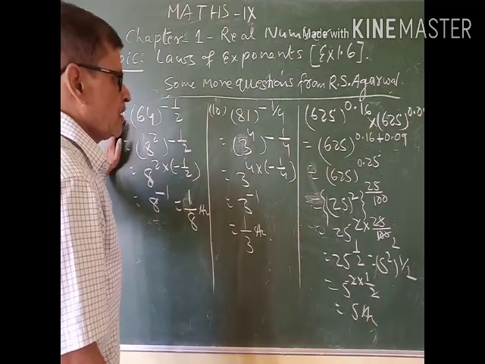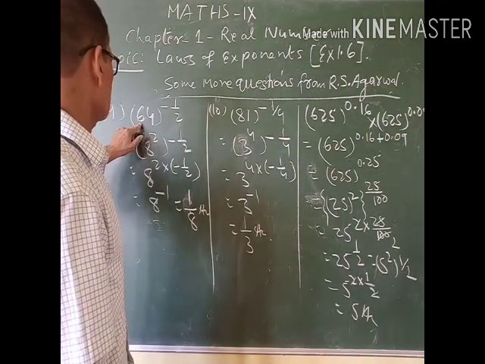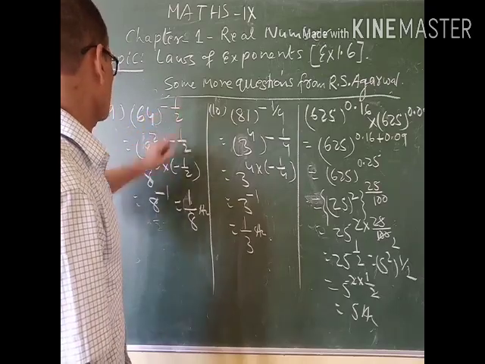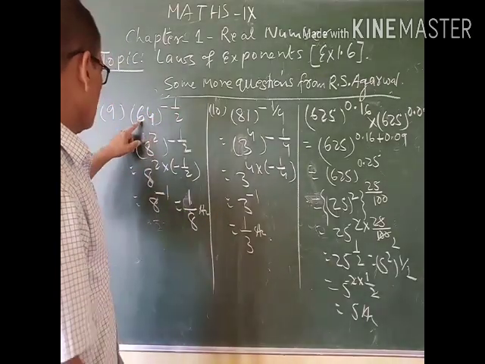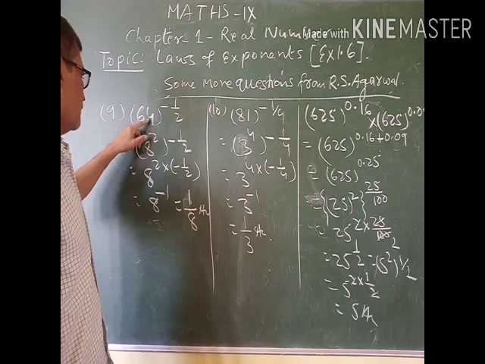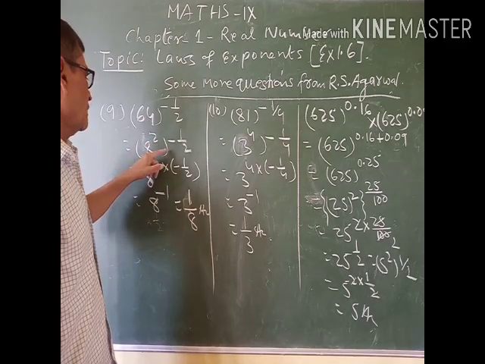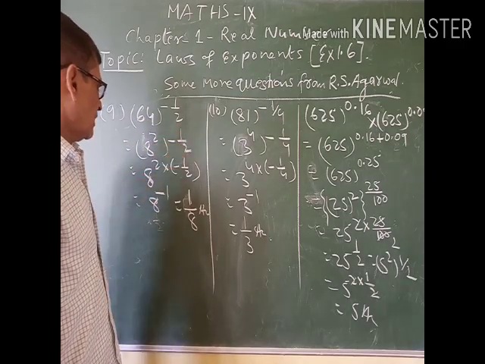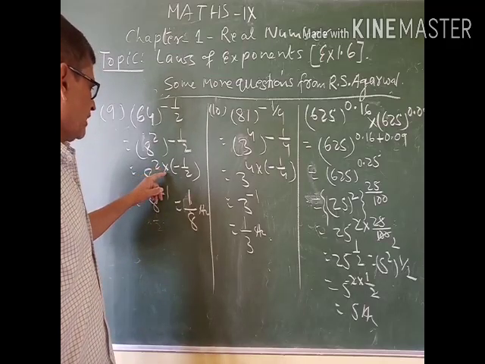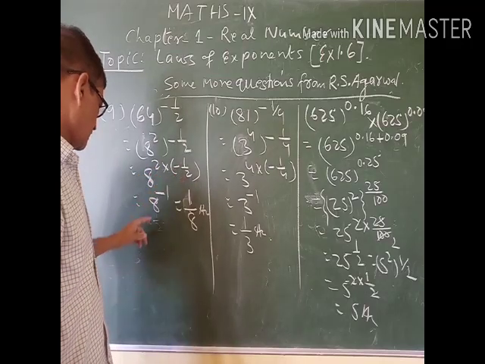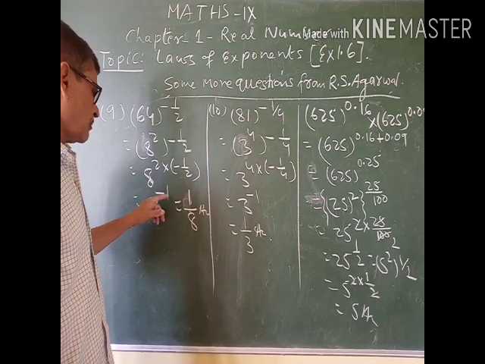You have to find out the value of 64 to the power minus 1 by 2. You can write 64 as 8 square, to the power minus 1 by 2. 8 square into minus 1 by 2 will give you 8 to the power minus 1.